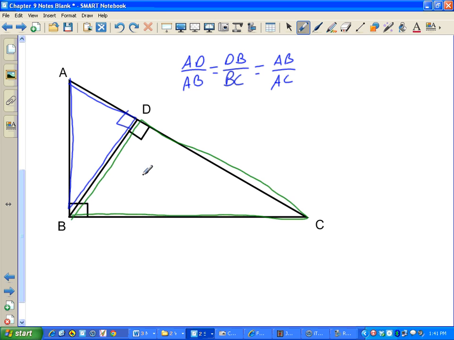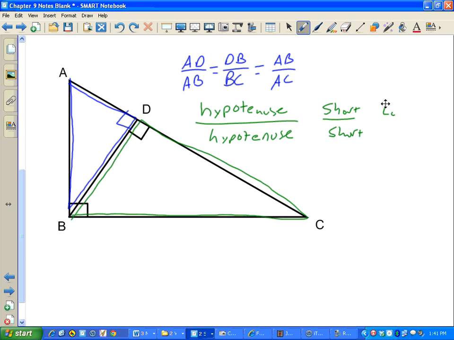So that means I could put any hypotenuse over any other hypotenuse, because they're both hypotenuses. Or I could put a short side over another short side, or a long leg over another long leg. So these are ways that you're going to be setting up your proportions to solve for missing pieces.